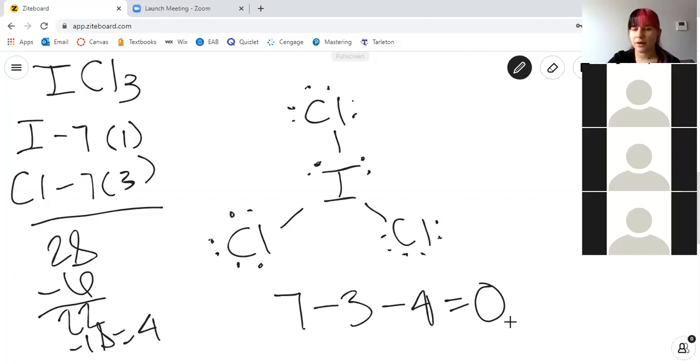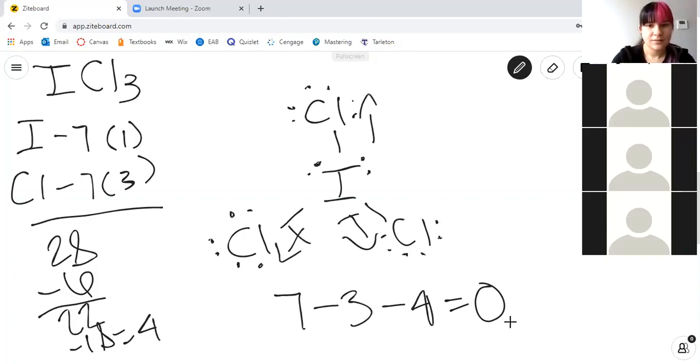Are there any polar bonds in this molecule? Yes, but they're all canceling each other out.